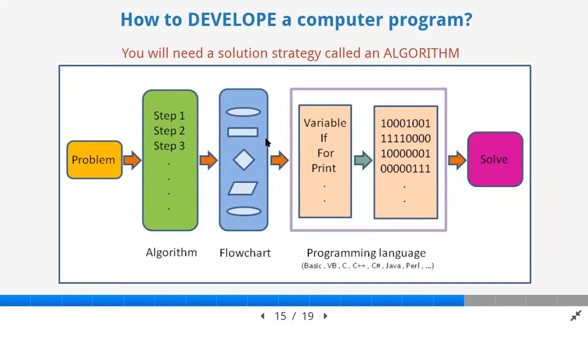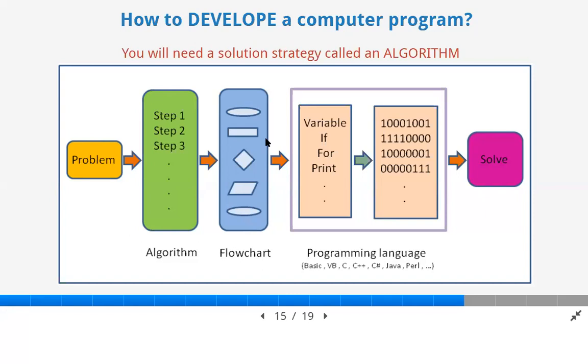Usually the calculation is similar, so we will repeat this calculation. In order to be done automatically, we make a set of instructions for the computer to do the computation automatically. So the first step, you must calculate this, and the next step, you have to divide by this, and so on.